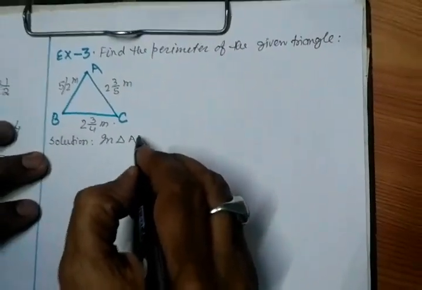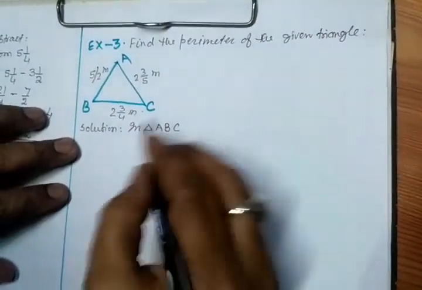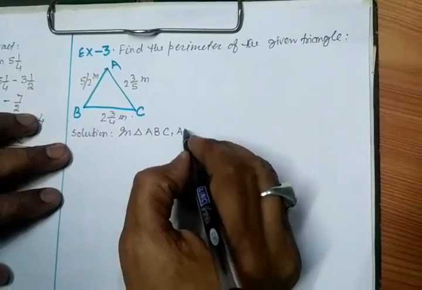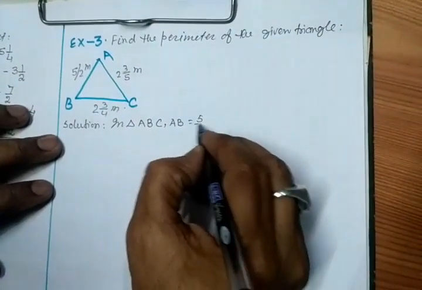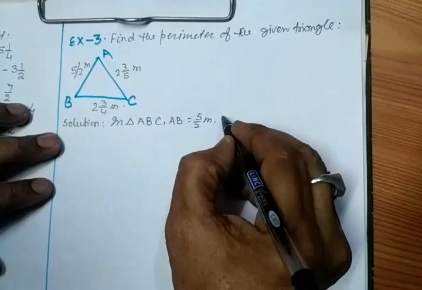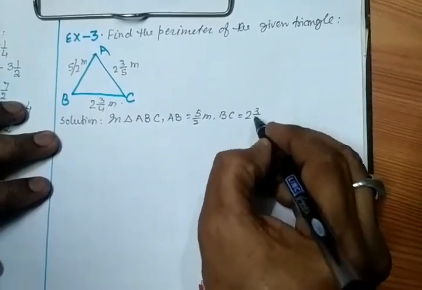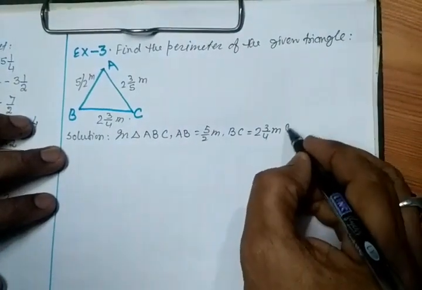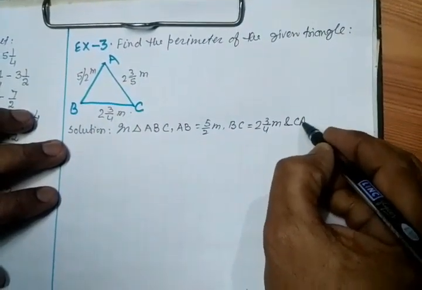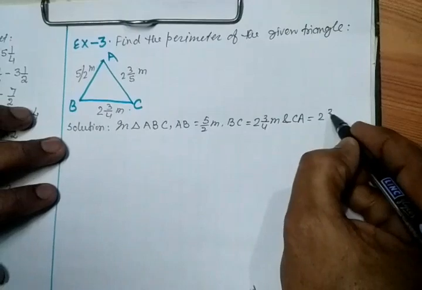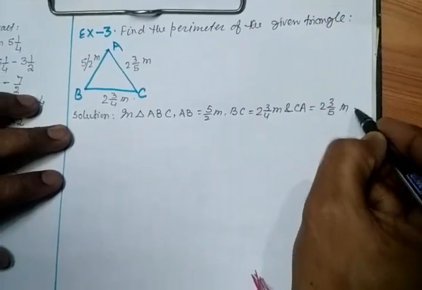In triangle ABC, AB equal to 5 by 2 meter, BC equal to 2 whole 3 upon 4 meter, and CA equal to 2 whole 3 upon 5 meter.